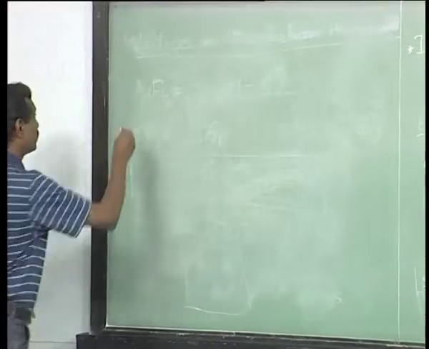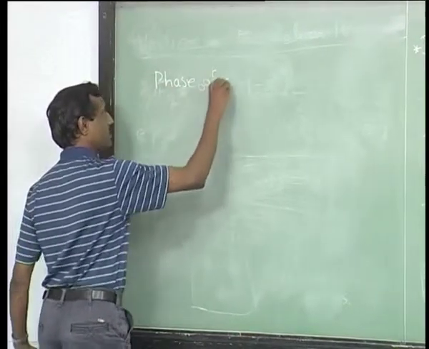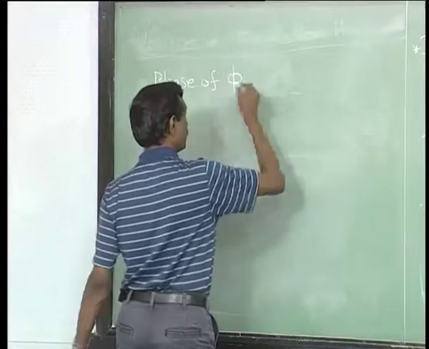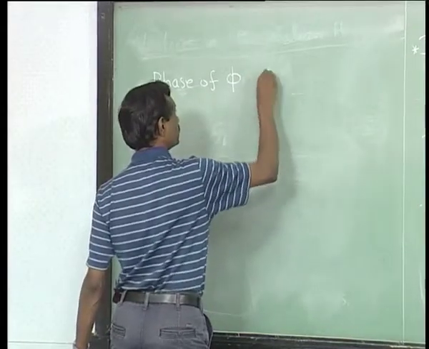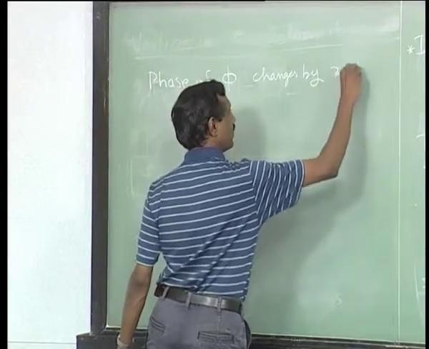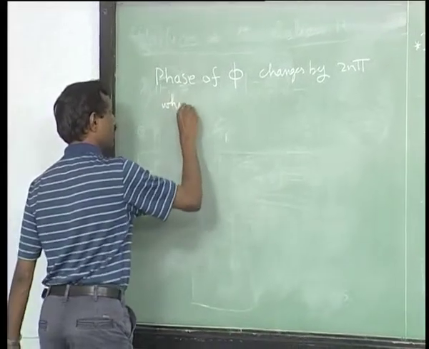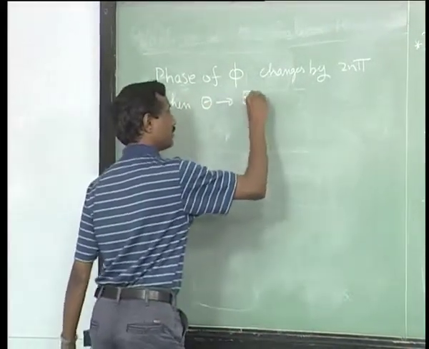What did we see? We saw that the phase of phi changes by 2n pi when theta goes from theta to theta plus 2 pi.